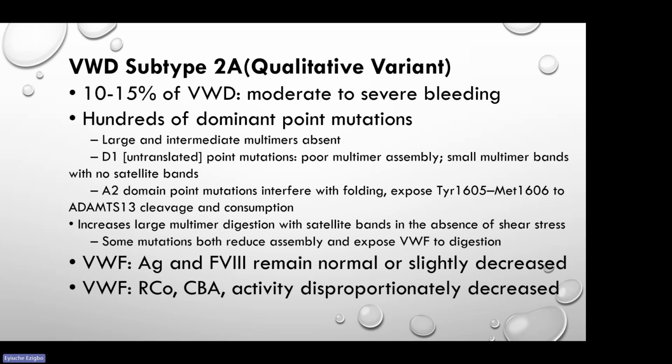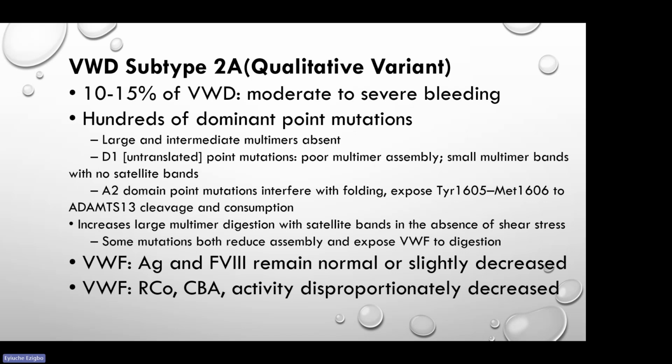So it occurs as a result of interference in the folding of von Willebrand factor, which exposes this sequence for cleavage by ADAMTS13. This is the point where ADAMTS13 cleaves von Willebrand factor, at tyrosine 1605 and methionine 1606. So these points are being exposed for cleavage in 2A.